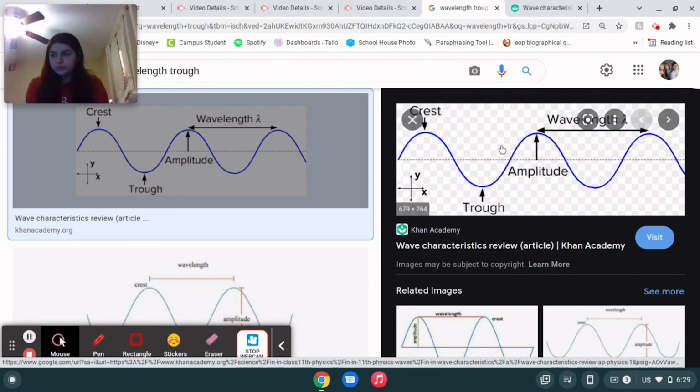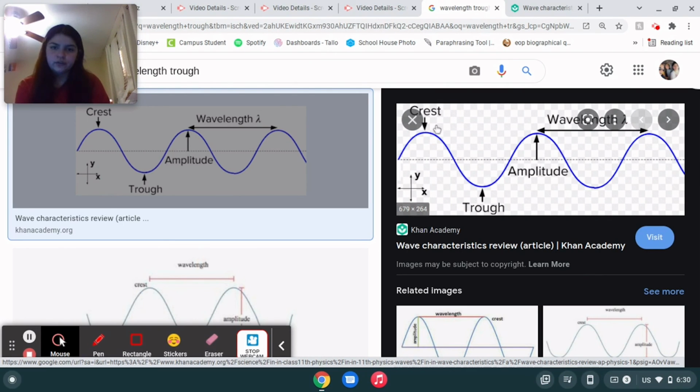The wave height is the vertical distance between the crest and the trough. The amplitude is the height of the wave, the space between the still water level and the crest. To measure the wavelength, you measure from crest to crest or trough to trough.